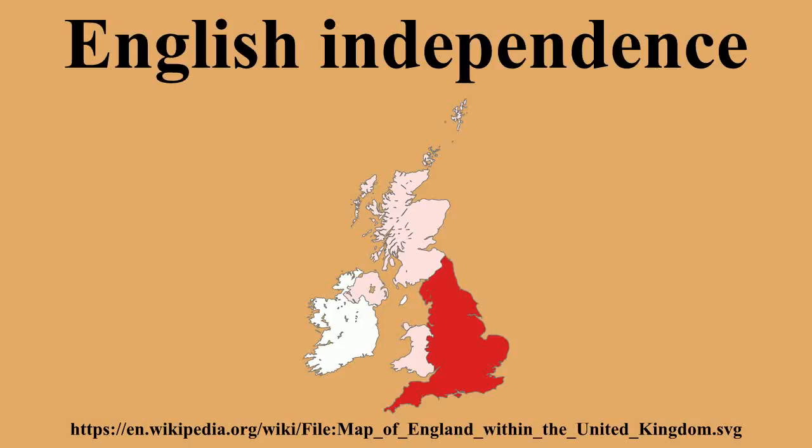Advocates of English sovereignty state that a sovereign England would enjoy one of the world's strongest economies, with an estimated GDP of $2.865 trillion as of 2015, making it the world's fifth, sixth, or seventh largest economy depending on measurement. It is also claimed that England would be the 15th wealthiest nation in the world, with a GDP per capita of $51,669.